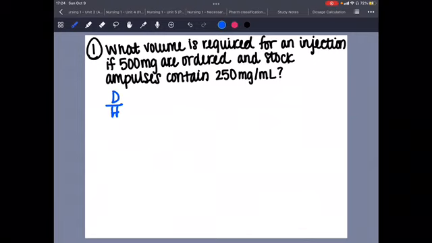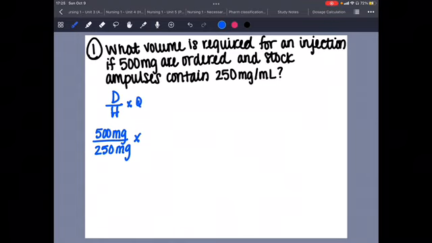Your desired would be this 500 milligrams. So you would do 500 milligrams. And then your have would be this 250, so it would be over 250 milligrams.